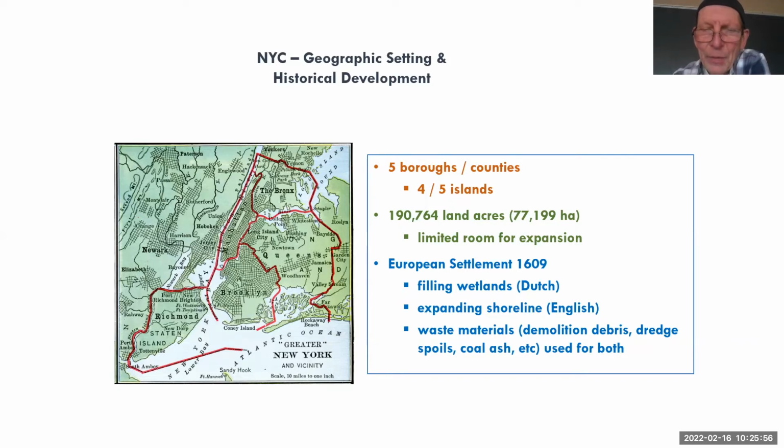And because there was limited room for expansion, the Europeans tried to create a little more room by filling the wetlands, which the Dutch were pretty good at, and expanding the shoreline, which the English were pretty good at. And to do this, to create more land, they used waste materials, okay? Demolition debris, dredge spoils, coal ash, and that really has had an effect on the soils in New York City.